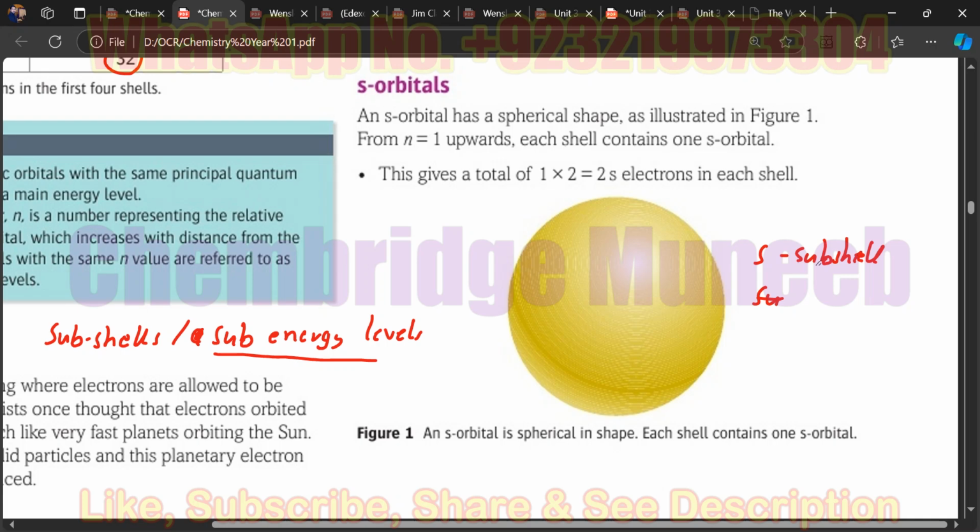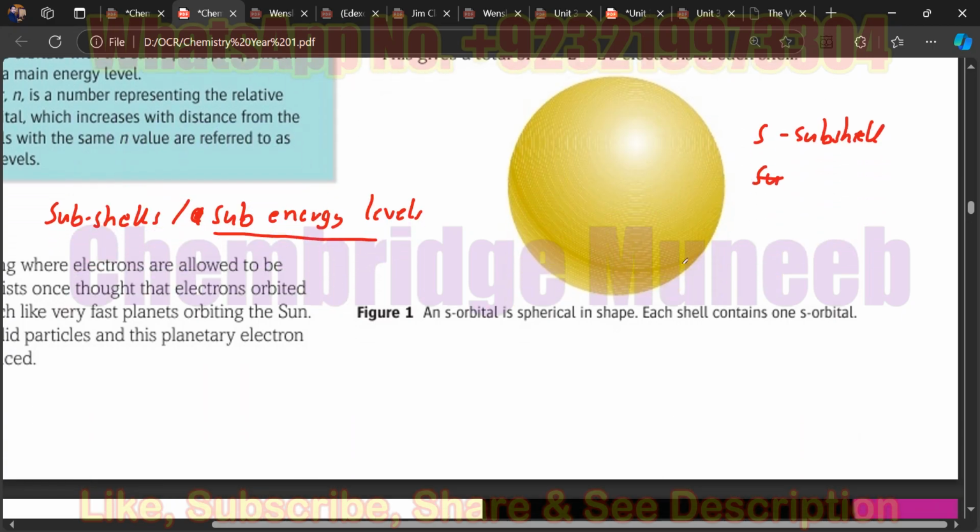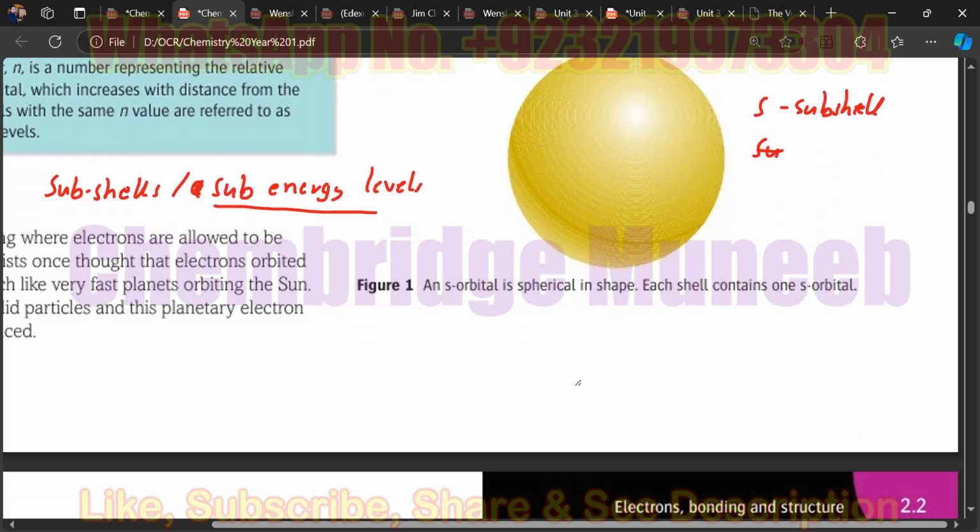The shape is spherical, completely spherical. But for our convenience, when we draw this structure in 2 dimensions, we just draw a circle. This is a simple picture of the sphere. Is that clear?